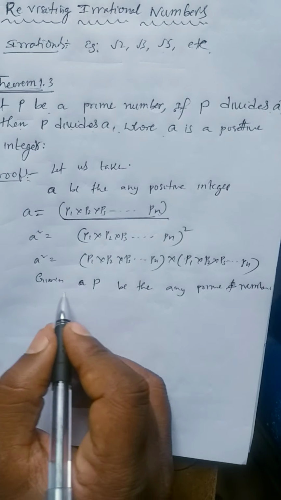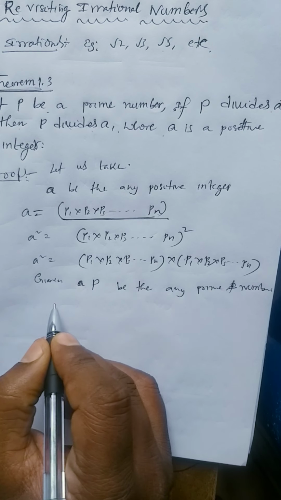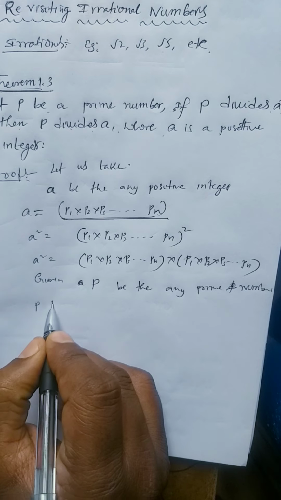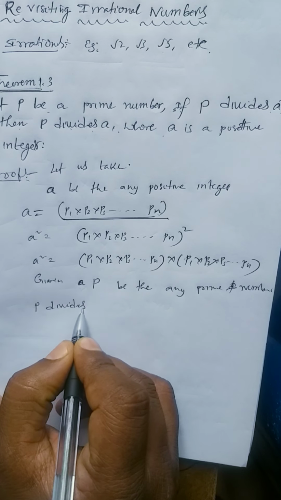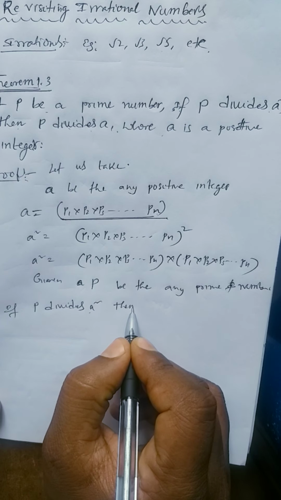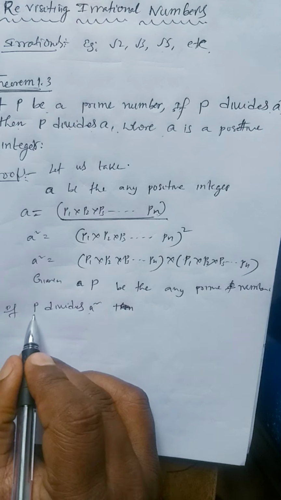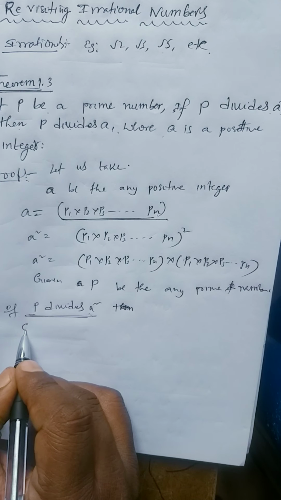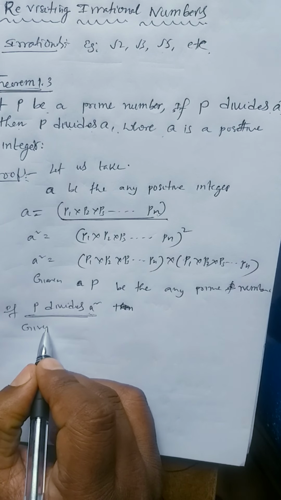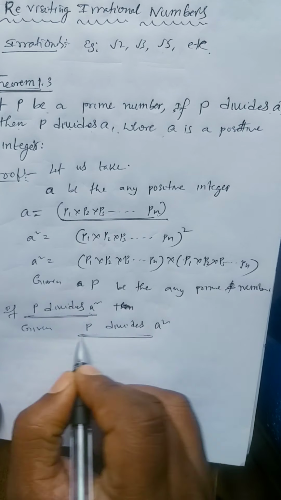In the statement it is given that p divides a square. This is given.